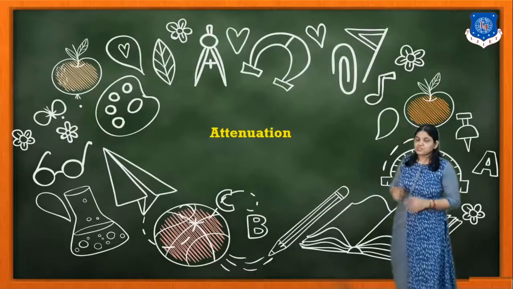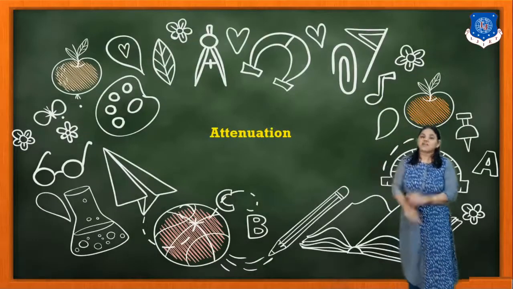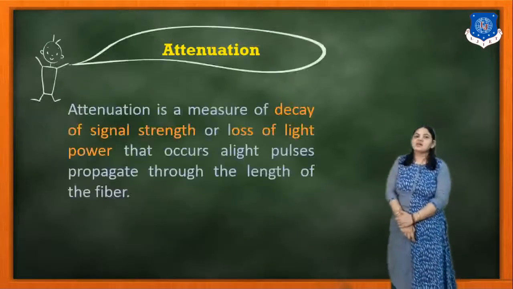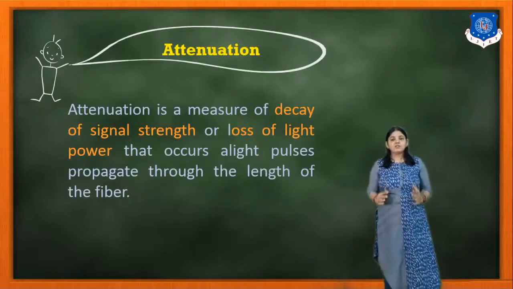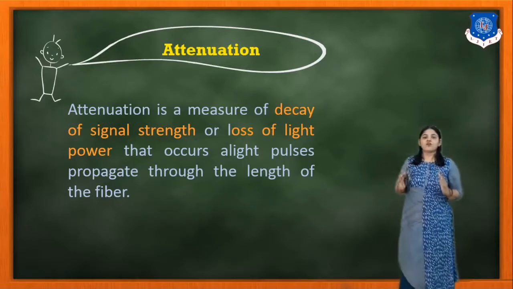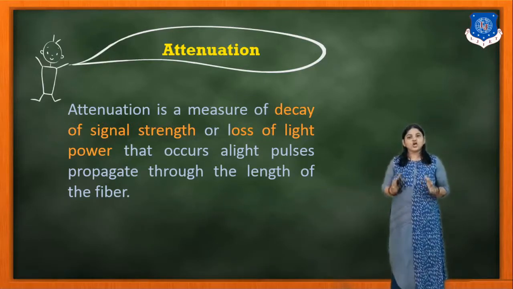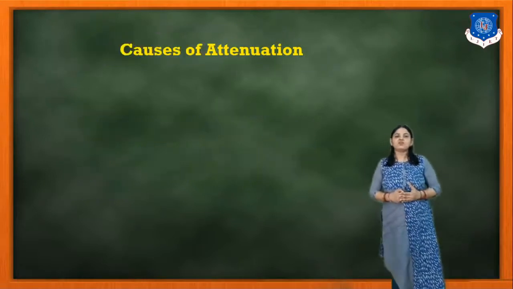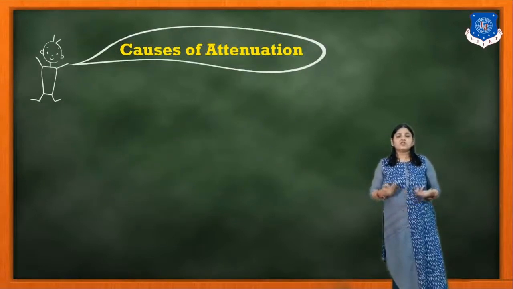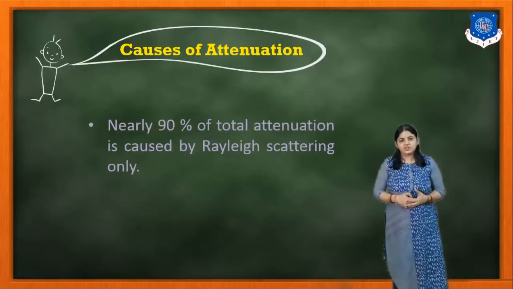Now, first we will focus on the attenuation. So what is attenuation? Attenuation is the measure of the decay of the signal strength, or loss of light power, that occurs as light pulses propagate through the length of the fiber. What are the causes of the attenuation?